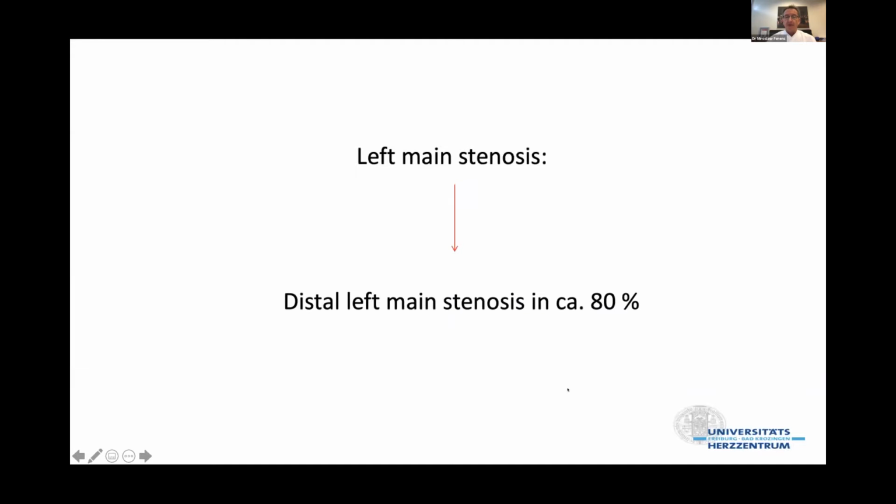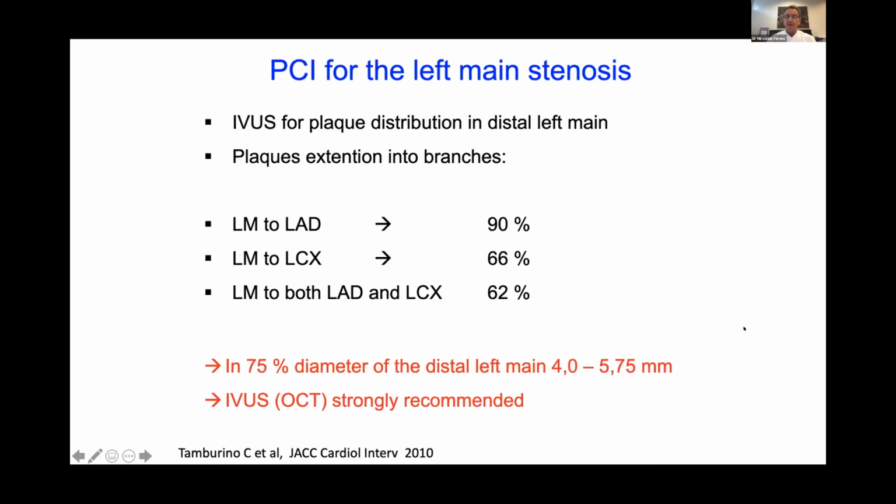As Dr. Shaiban mentioned before, distal left main stenosis is found in nearly 80% of cases, and this is the problem for interventional cardiology, because we usually have to go ahead with a complex approach.